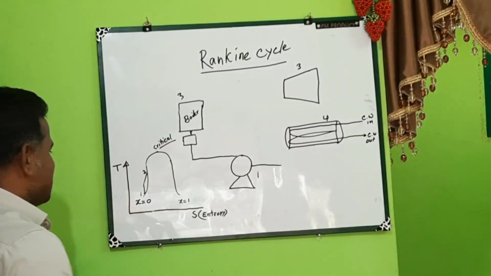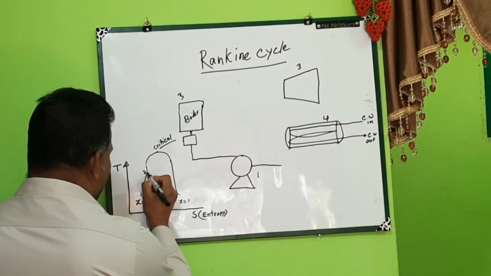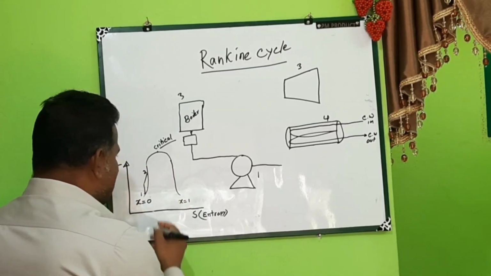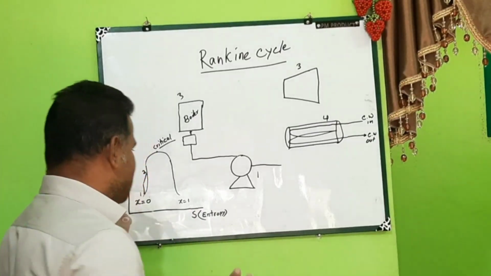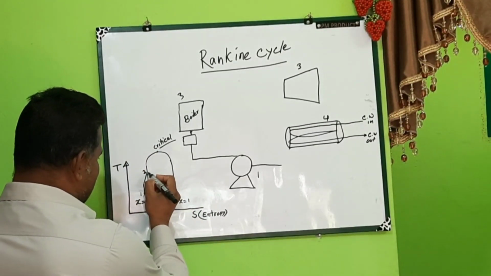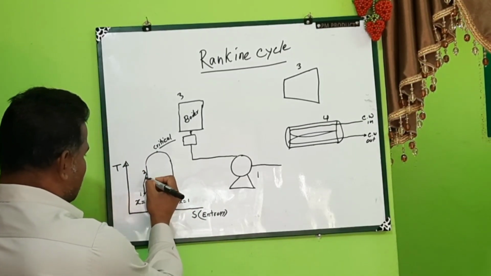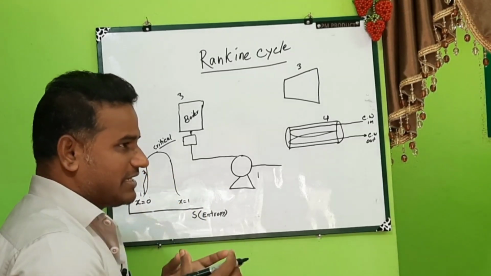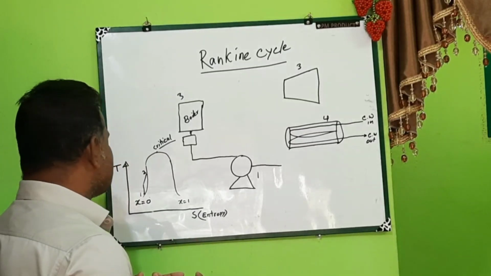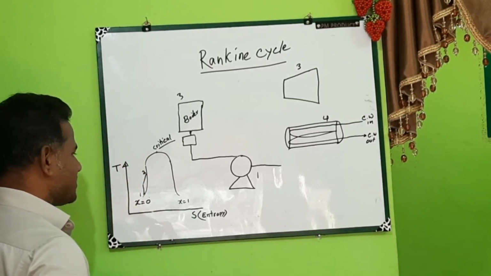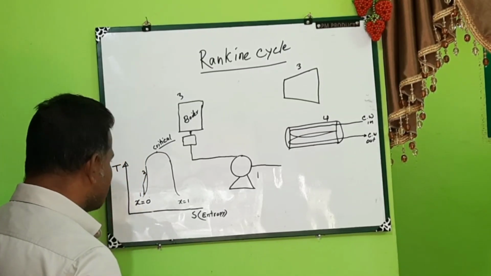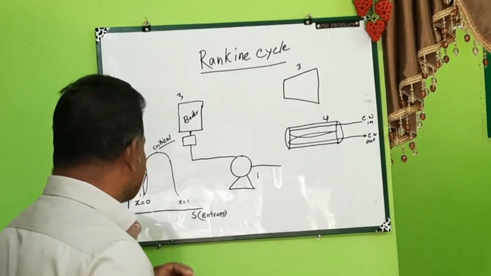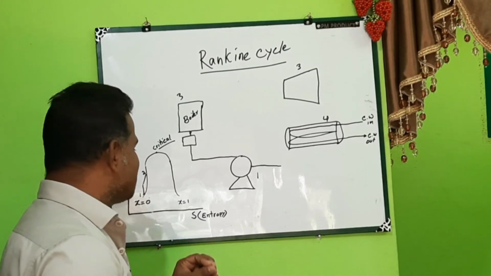When it has come to that point and you provide heat, the temperature will not increase. Up to this point it is called sensible heat. From point 1 to this point, how much temperature it has taken is called sensible heat. I hope you understand what sensible heat is. Sensible heat means the heat required to produce saturated steam.